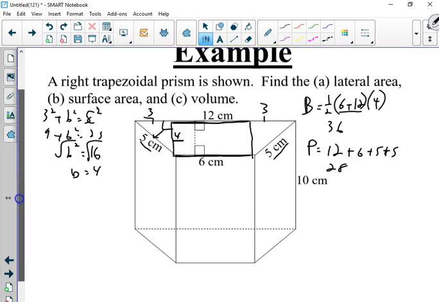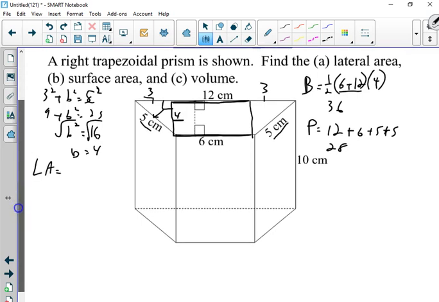Now we're ready to go. So our lateral area is our perimeter. Here's our height. Remember, it's connecting the two trapezoids times 10. So that's 280 square centimeters.